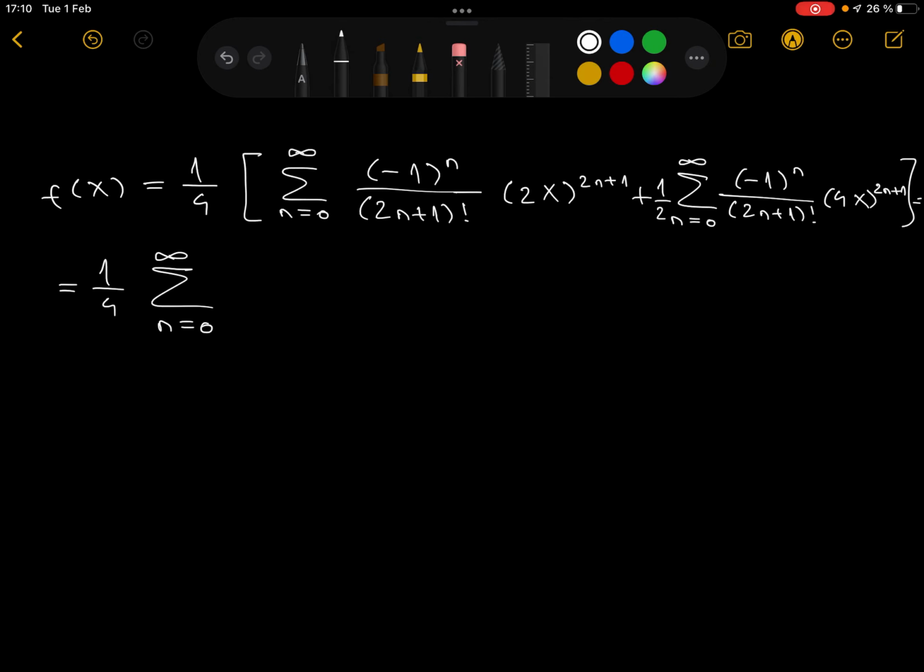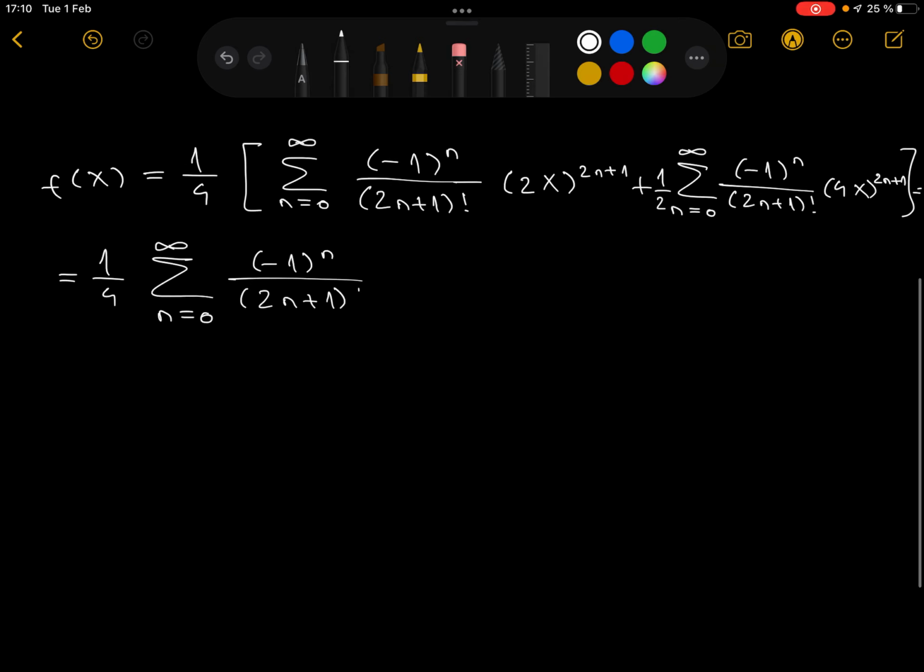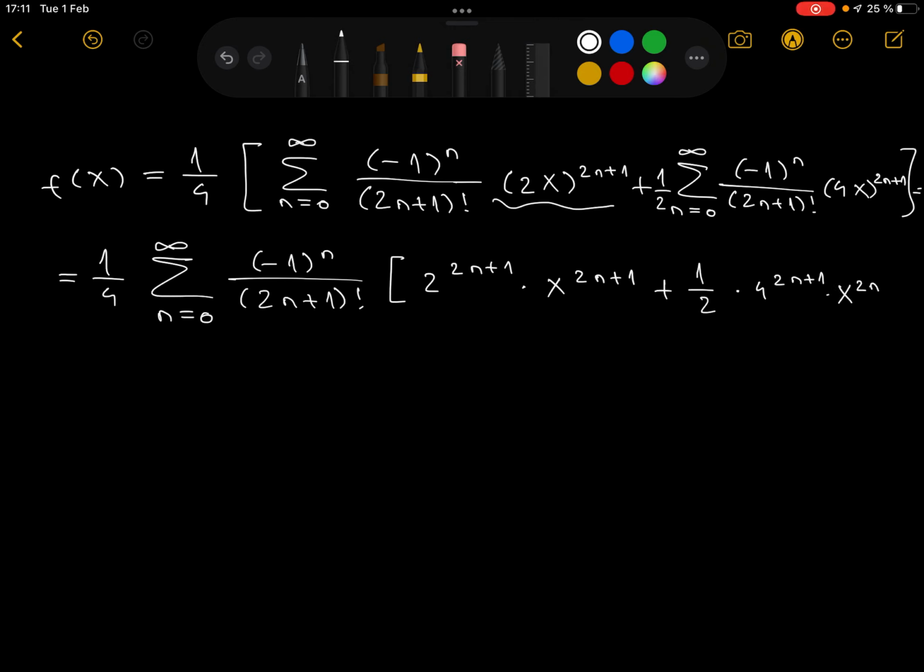Now the series of n goes from 0 to infinity of minus 1 to the nth power over 2n plus 1 factorial, and I'm just going to put a bracket right here, 2 times 2 to the nth power, I'm just rewriting this right now, plus 1 times x to the power of 2n plus 1, plus 1 over 2 times 4 to the power of 2n plus 1 times x to the power of 2n plus 1.